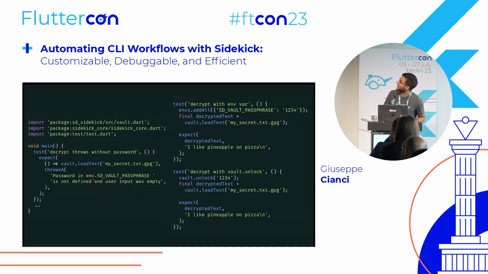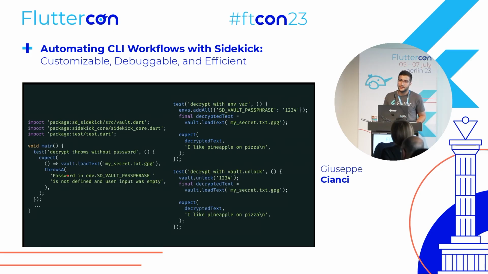So I've written tests here. It doesn't make much sense to test this. In my opinion, it's just for demonstration purposes. So these tests all pass. Let's start with the error case first. If I go on to call vault.loadText and then my secret file, it will throw an error because I haven't provided a password.